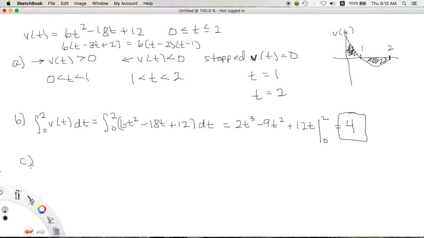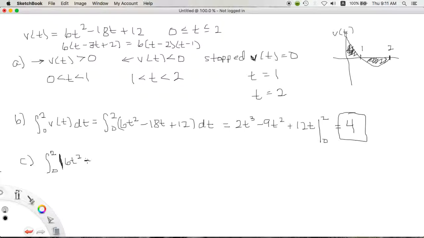Now, in part C, it asks you to find the total distance traveled by setting up one integral and using your calculator. So you're going to have to do that on your own because my calculator application isn't working. But you just go to Math and over to Num, and you can find that absolute value. And remember, if you do Math and it's number 9, the fnInt, that's going to help you get to your integral.